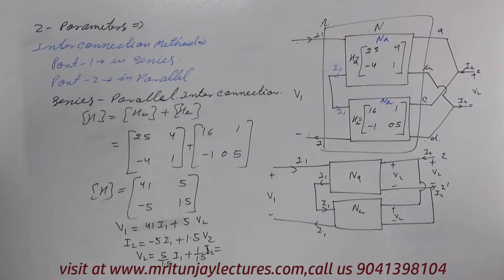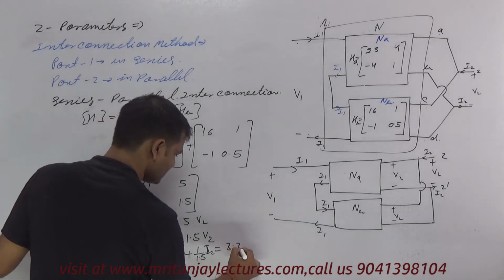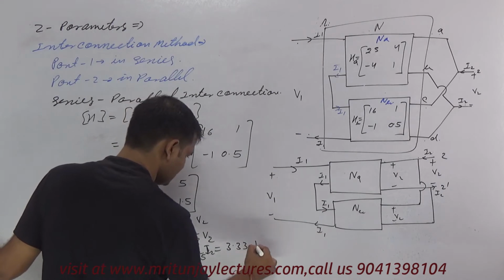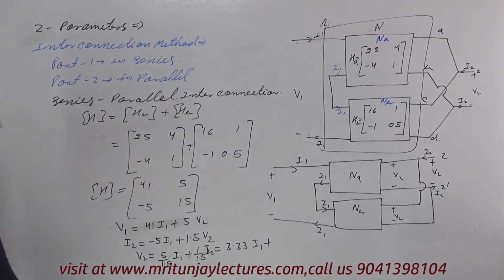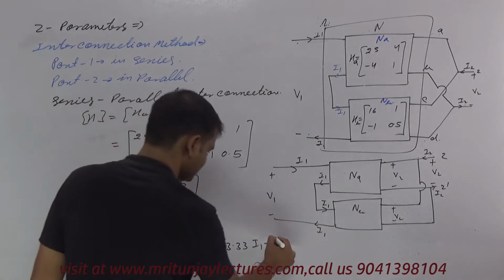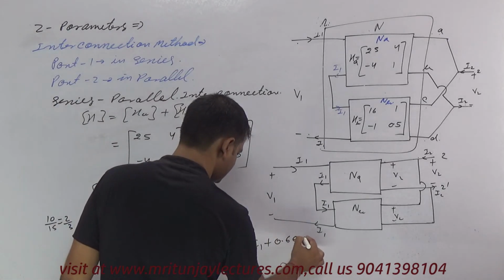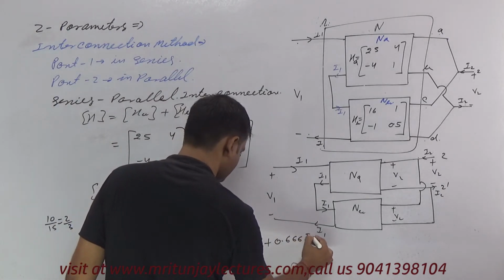So 5 divided by 1.5 is 10 by 3, which means 3.33 I1, plus 1 by 1.5, that is 10 by 15, that is 2 by 3, that is 0.666 I2.